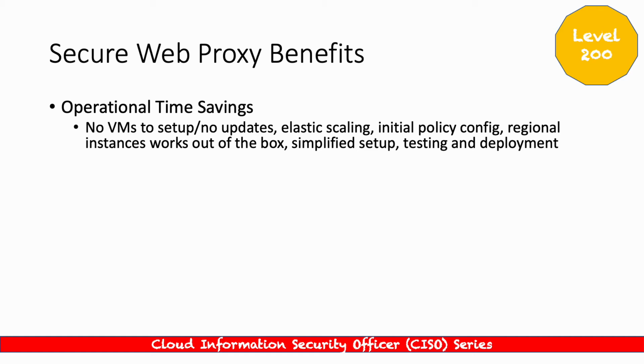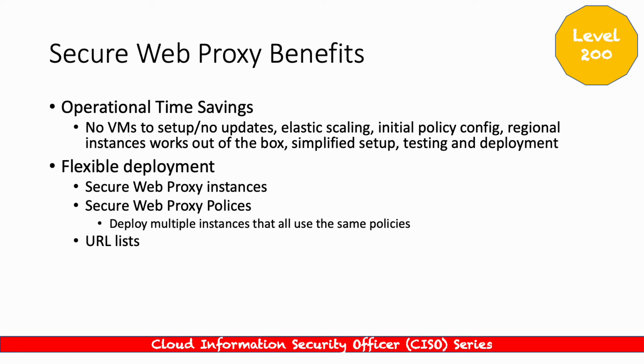But with the secure web proxy, there are no VM setups, and updates are done automatically for you. We're getting elastic scaling, so you don't have to manually configure extra VMs or high availability. There's already a default initial policy config out of the box, and regional instances work out of the box. It simplifies not only the setup itself, but also the testing and the deployment.